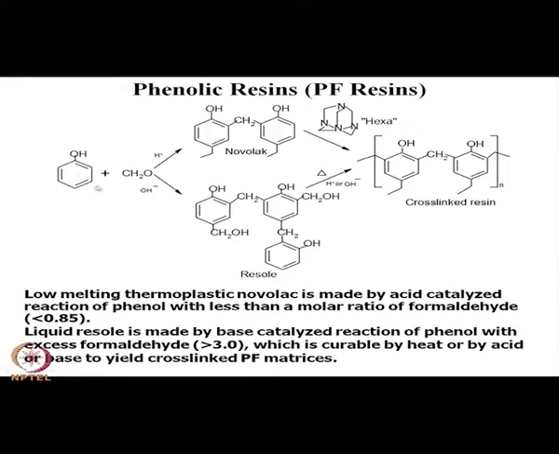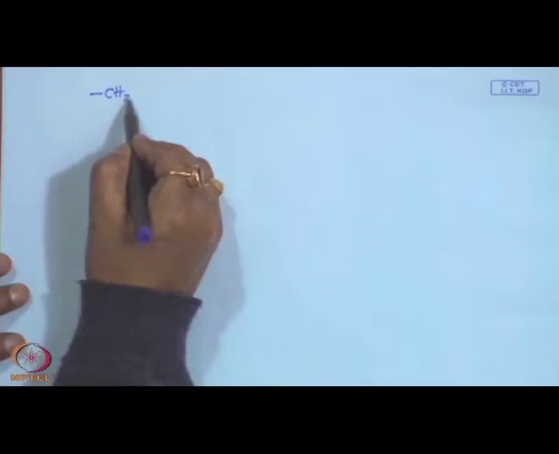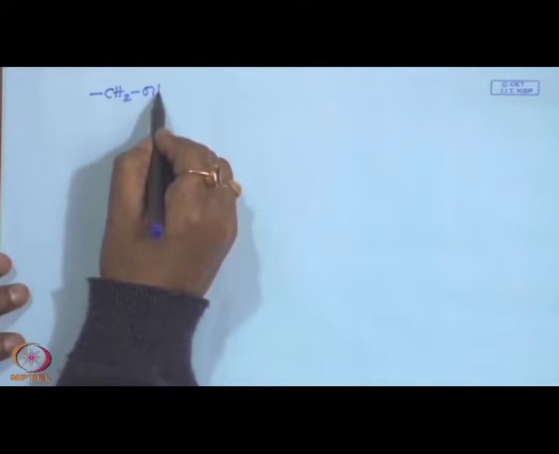Now, in case of Resol, here the formaldehyde is in the form of formalin, basically a solution of formaldehyde, say 37 to 40% solution of formaldehyde in water. When it remains soluble in water, that is represented as methylene glycol, as I told just a few minutes back. This CH2(OH)2 is methylene glycol.